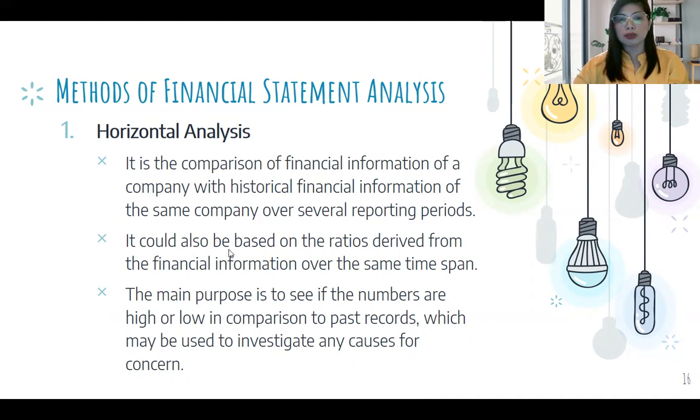It could also be based on the ratios derived from the financial information over the time span. The main purpose is to see if the numbers are high or low in comparison to past records, which can also be used to investigate any causes for concern.